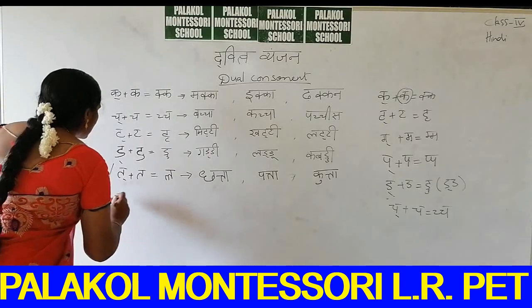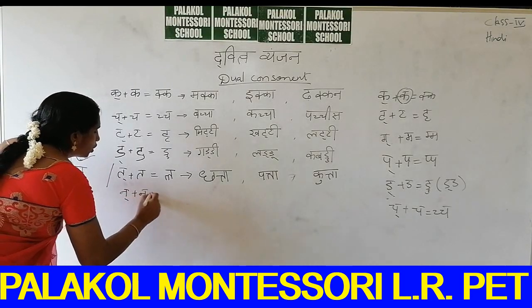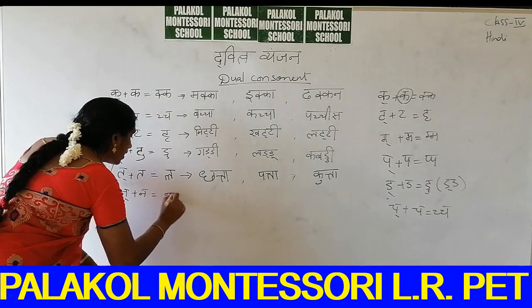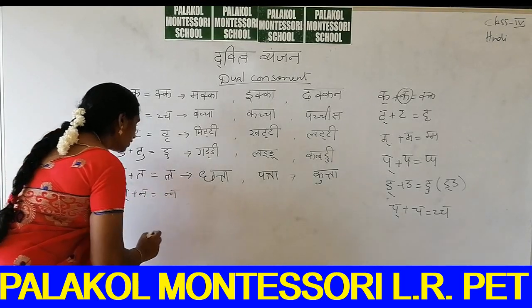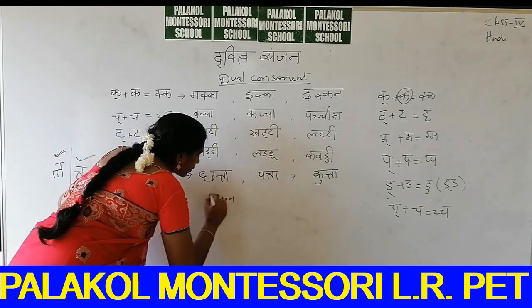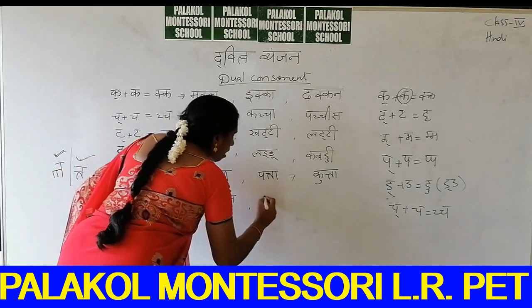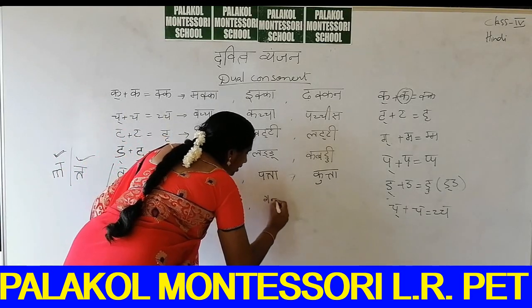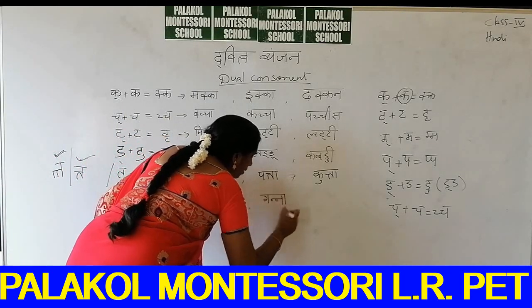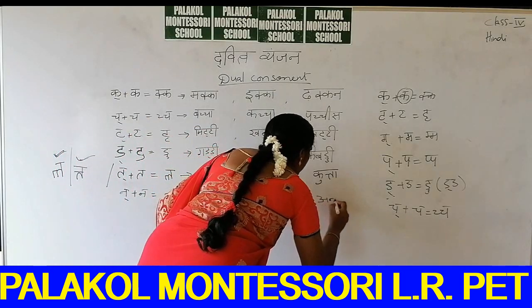Next one, what is na plus na? Na, half na plus full na, it comes as nna. Okay, so here prasanna. What is that? Prasanna. Next, it comes ganna. Another word, it's another nna, ganna. Next, ann.